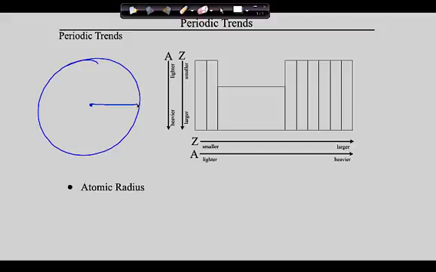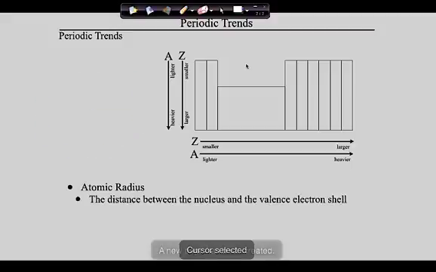But guys, in our world, circles are not circles. Circles are atoms. So if we're talking about the atomic radius, what is in the middle of an atom? The nucleus. What defines the outer edge of the atom? Valence electrons. So that is actually the definition of atomic radius. It is the distance between the nucleus and the valence electron shell.